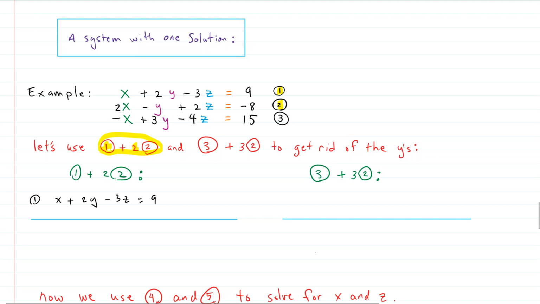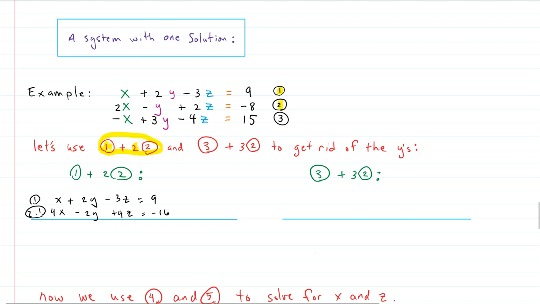Now we multiply 2 times equation 2, which gives us 4x minus 2y plus 4z equals negative 16. We'll call that 2.1 because it's equation 2, but it's been slightly changed.